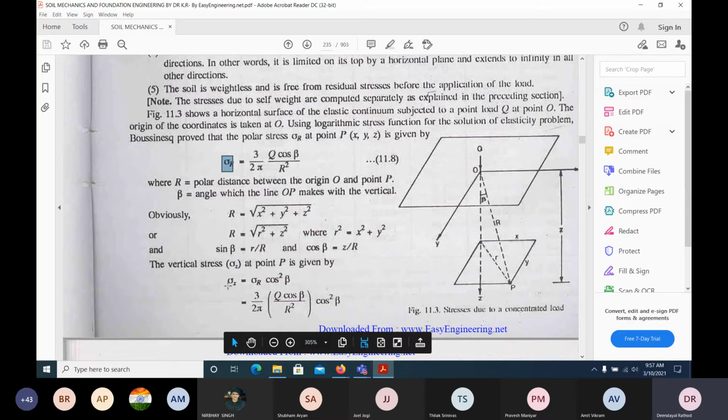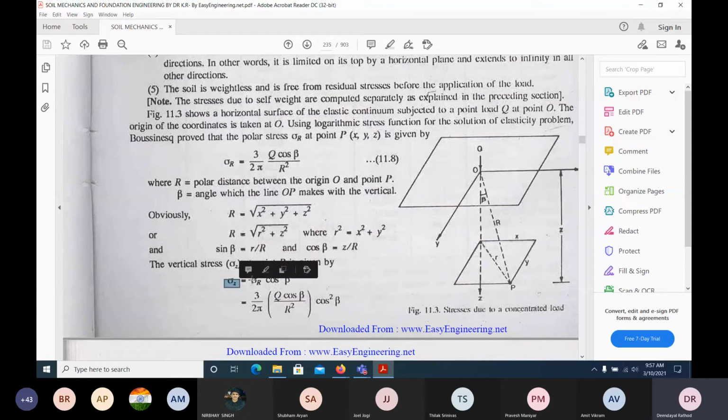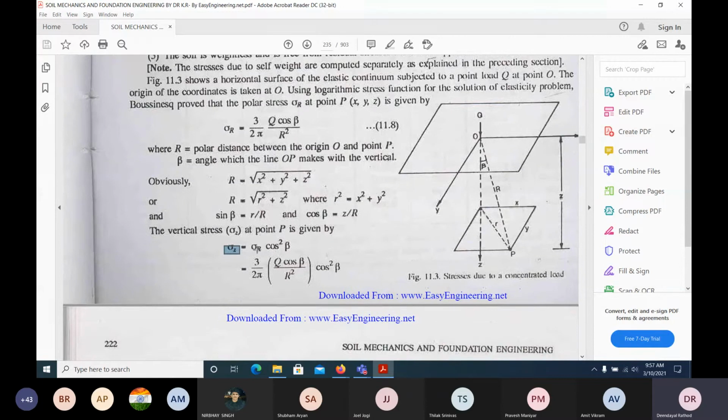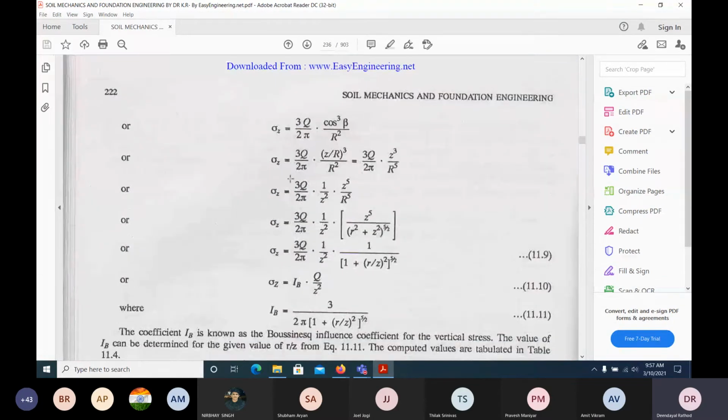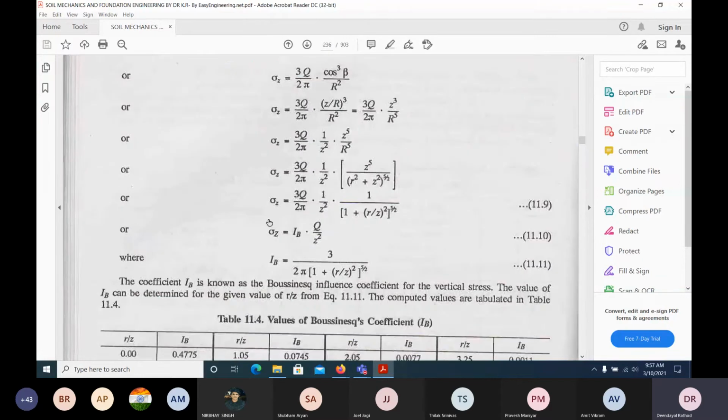Now this vertical stress sigma z can be written as sigma r into cos square beta. Then we substitute sigma r, which we find from this equation, and finally you simplify that, you will get this particular equation.